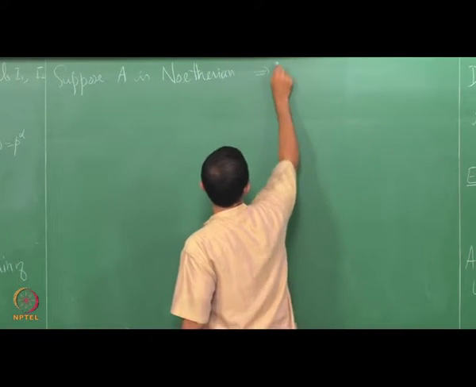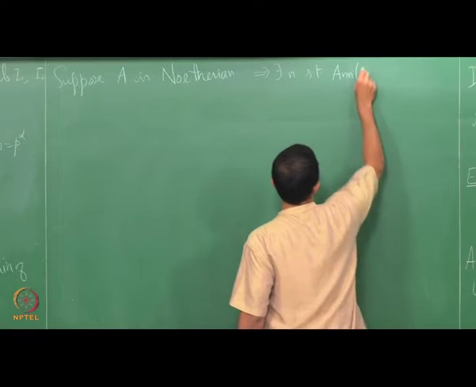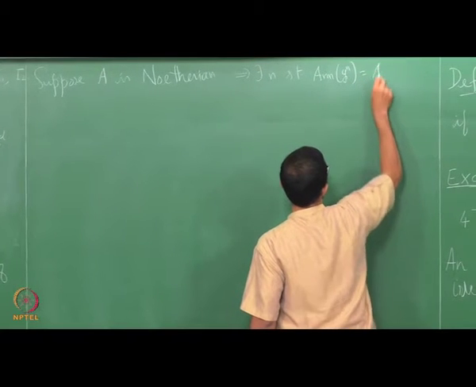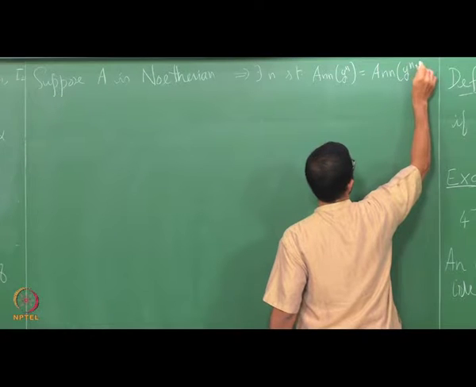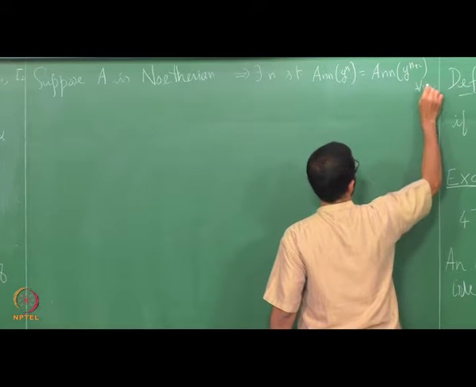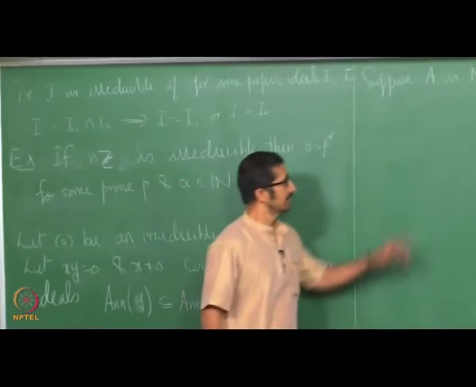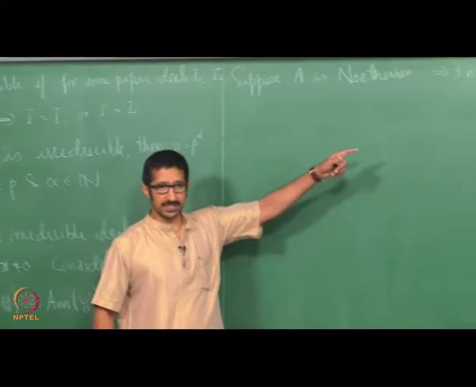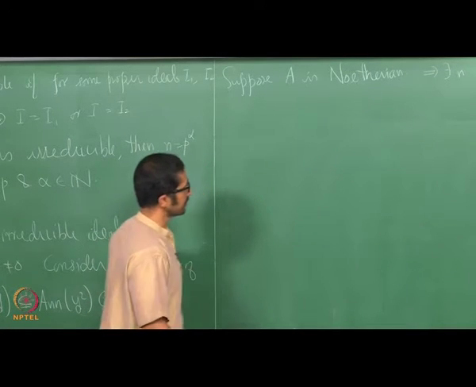Then there exists n such that annihilator of y power n is equal to annihilator of y power n plus i for all i bigger than or equal to 1, right. The sequence terminates implies that after a finite stage everything is equal.